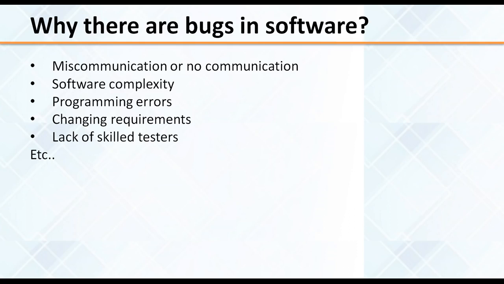There is a particular screen, and we are entering some data here. If I enter some invalid data, it should throw an error. Or suppose it is accepting the invalid data. What does that mean? This is not our expected behavior. So where does the root cause happen? The root cause is in the program.